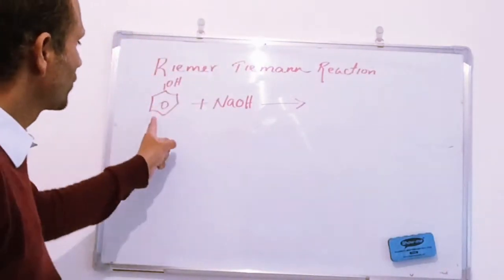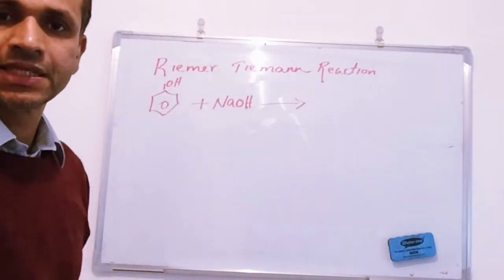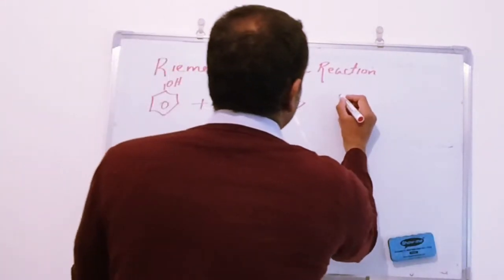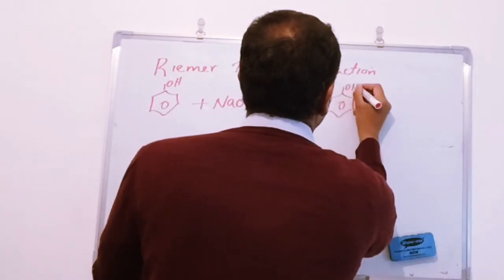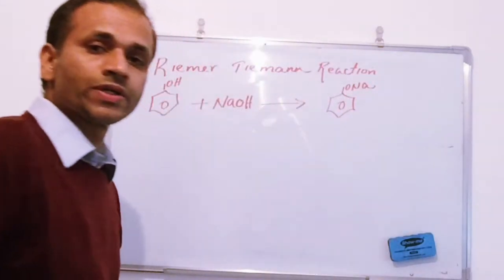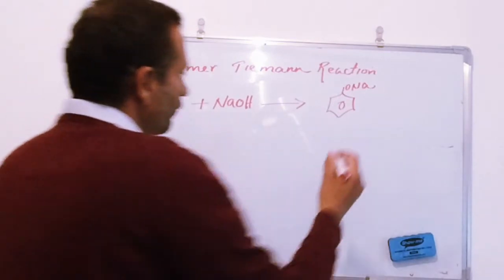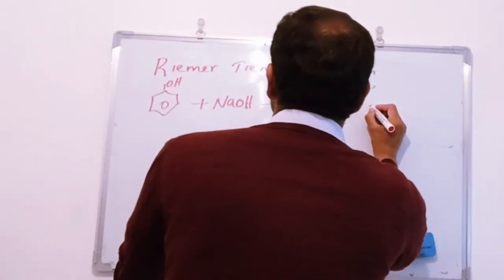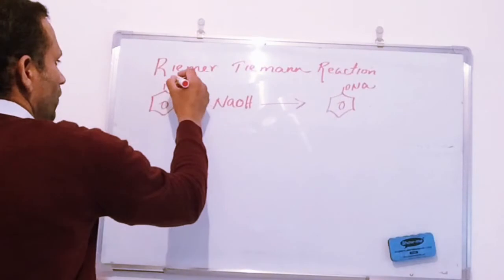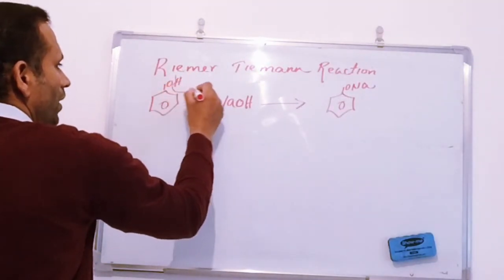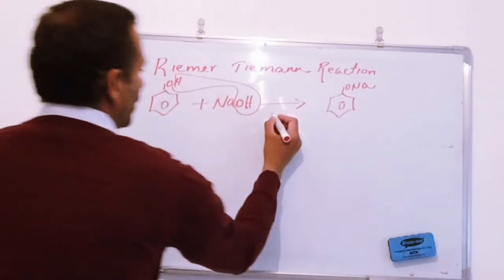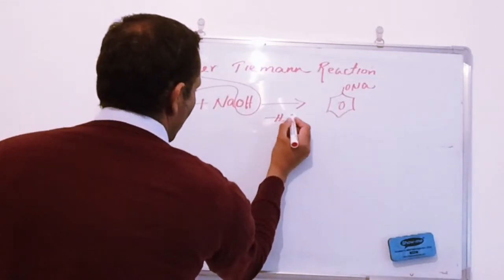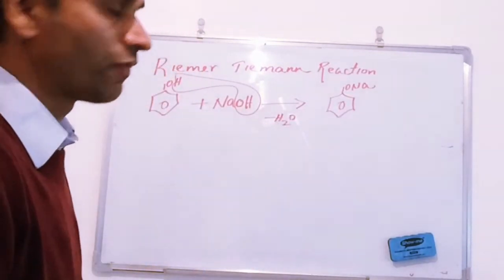So there is a salt formation, like an acid-base reaction, resulting in the formation of ONa. This is called sodium phenoxide. Hydrogen from here and the OH group from NaOH combine together and form a water molecule. That's a dehydration, removal of water.